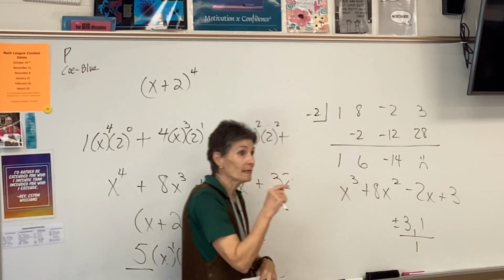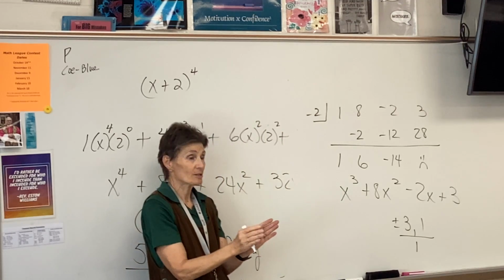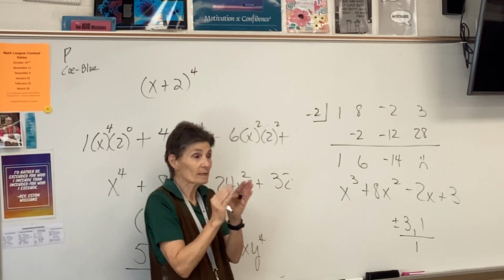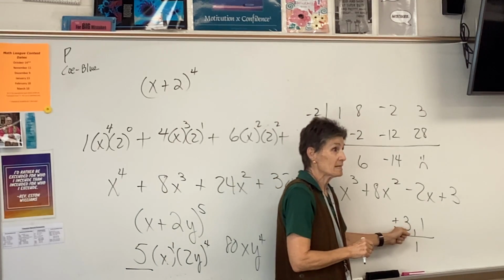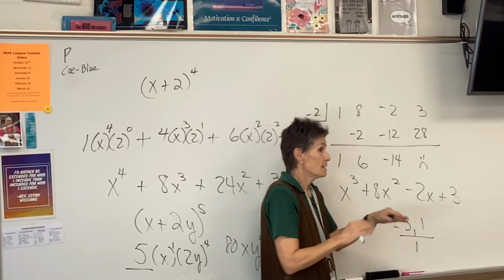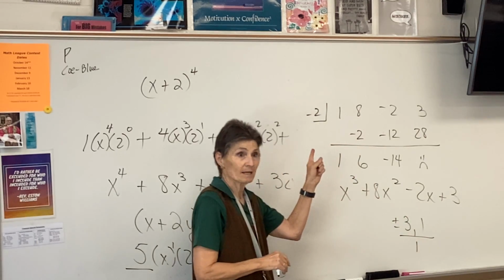So the only numbers that could possibly divide in evenly are 3, -3, 1, -1. If a number isn't in this list, it isn't dividing in.